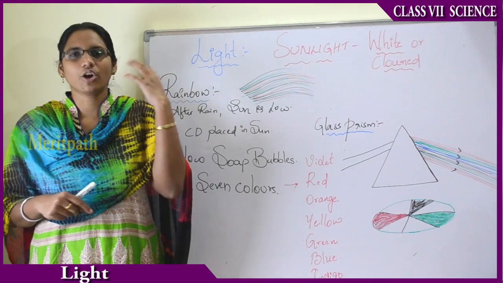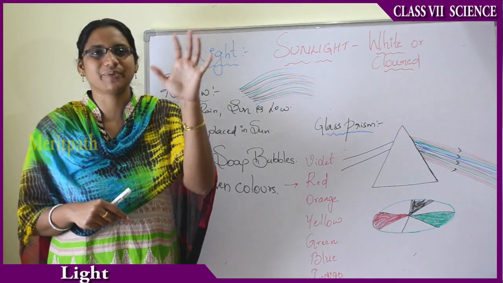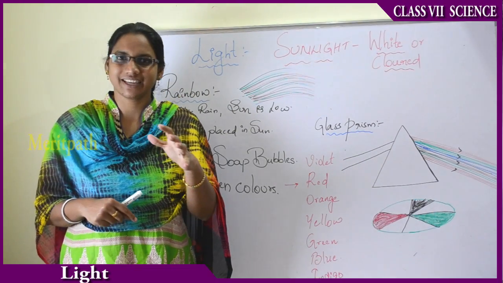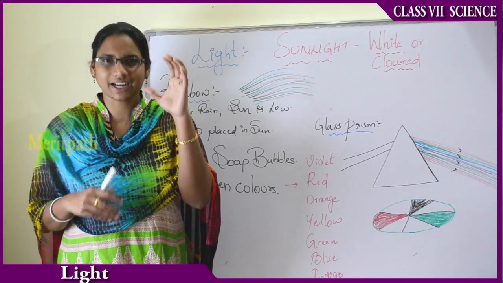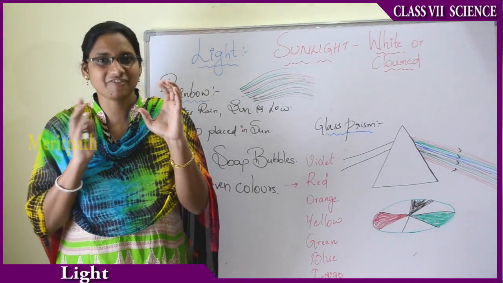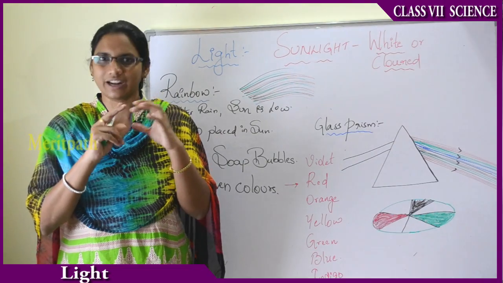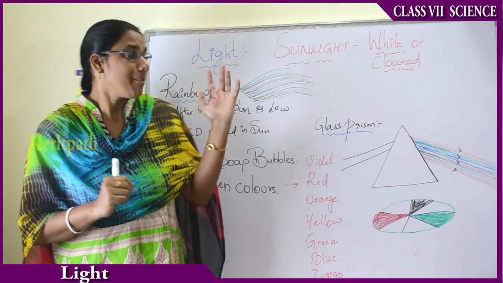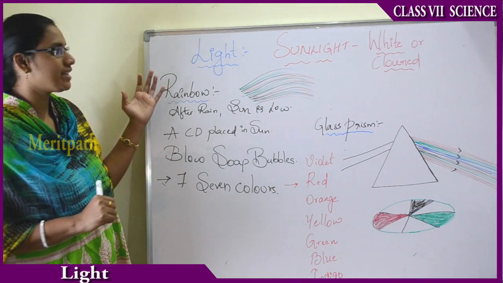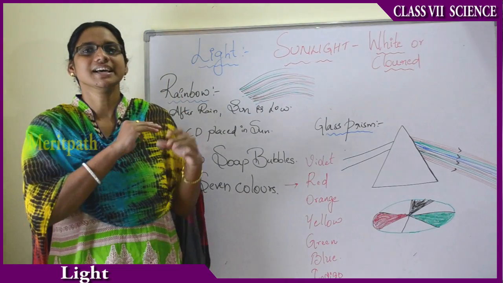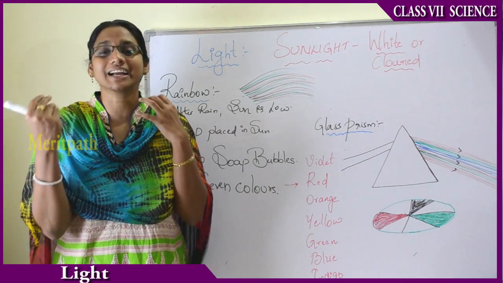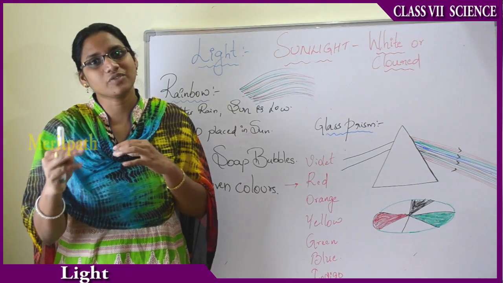Mostly we observe sunlight as bright as possible, right? And we guess the color as white or golden, orange, like that in a bright status, right? Now let us discuss how the sunlight varies and how many colors are there in the rays of sunlight.